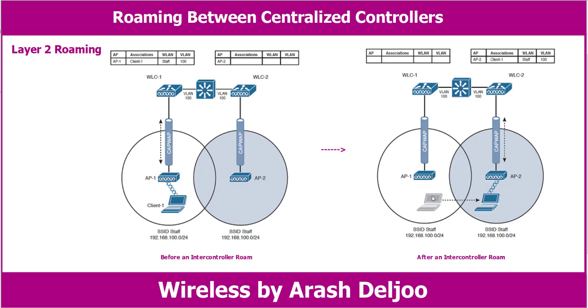Here the client moves to the BSS of AP2, which is associated with wireless LAN controller 2. This is the table of wireless LAN controller 2: AP is AP2, client is client 1, WLAN is staff, and VLAN is 100.